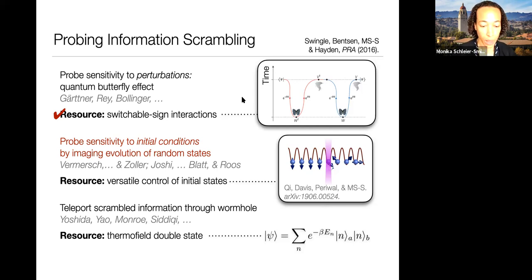Okay. Good. I also mentioned that in diagnosing this process of scrambling, we're relying on some of our intuitions for what we mean when we say a system is chaotic. One of those intuitions is sensitivity to perturbations. Another one is sensitivity to initial conditions.